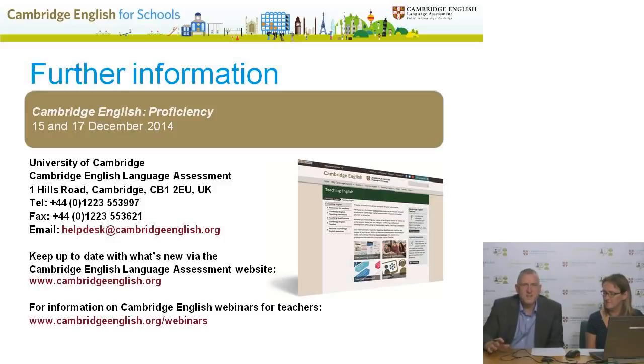There's a revised exam starting in January, and in the speaking part of First for Schools, some of the pictures have been replaced by word cues, as you say, but there has been no change in Preliminary or Key as yet. It's something that will be coming in about 3 or 4 years' time. So at the moment there's been no change and you still have the picture cues there, but it may be something that comes in when we revise the new look of the exams.